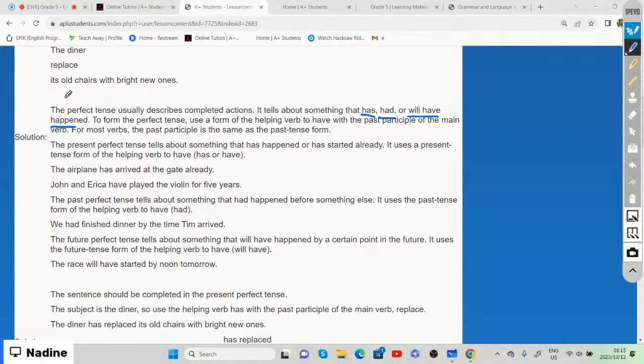All right, so now we're basically going to go over the present perfect tenses, the past perfect tenses, as well as the future perfect tenses.